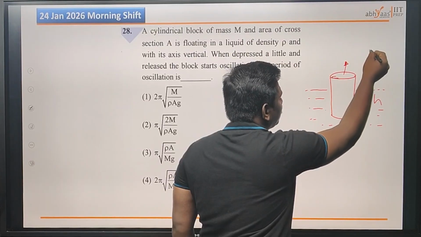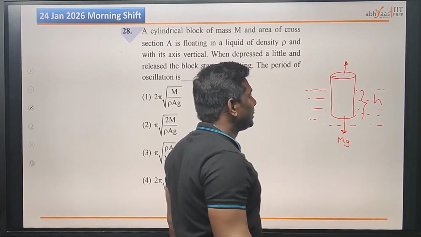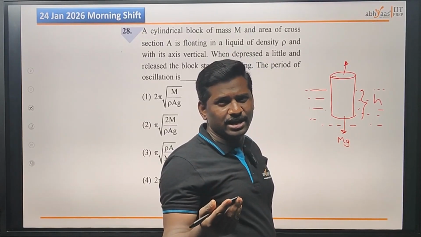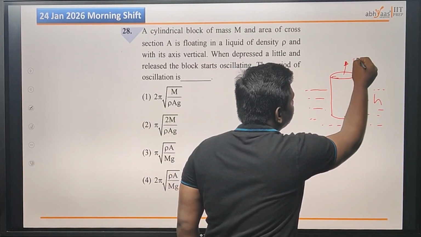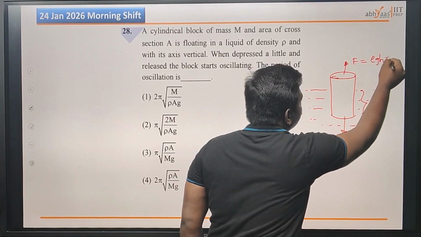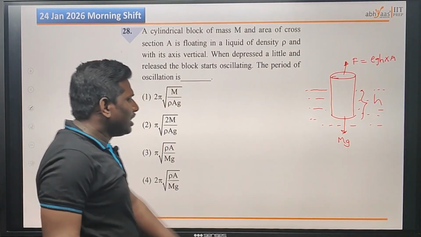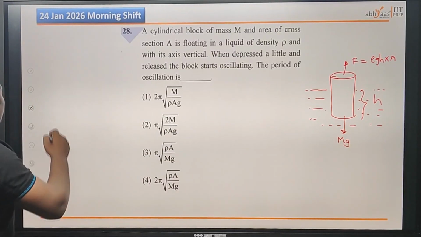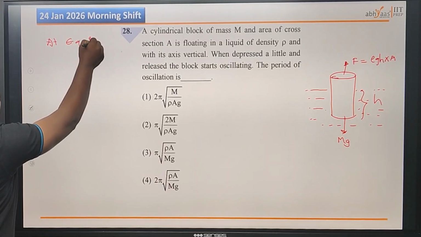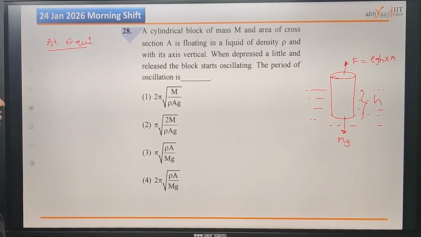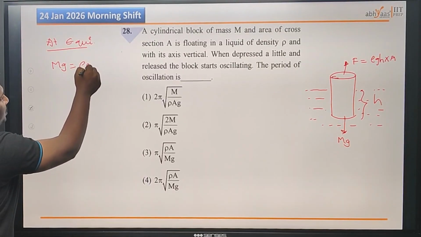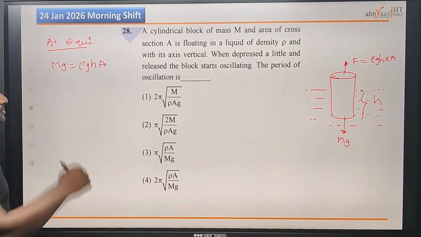So F can be written as, pressure is nothing but force per area, so F is rho g h into area. At the equilibrium position, mg equals rho g h into A.